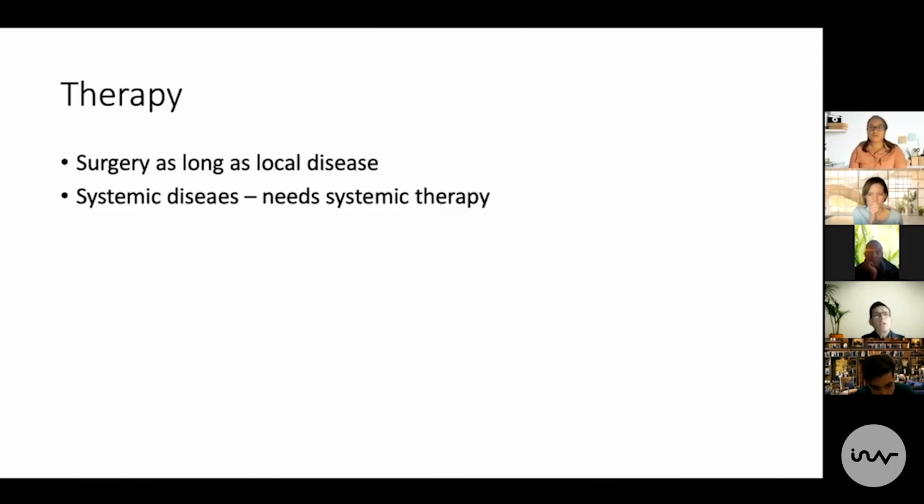And if the disease becomes systemic, that means distant metastasis, hematologic metastasis, then the disease needs systemic therapy. That means chemotherapy, radiotherapy, immune therapy, or targeted therapy.